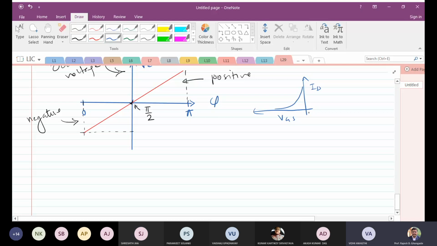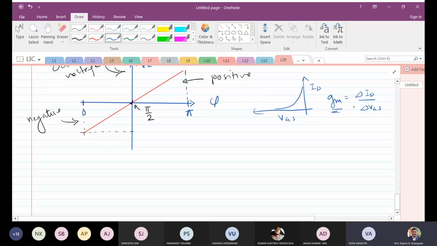And we said that gm is delta ID upon delta VGS. So we have this factor here.